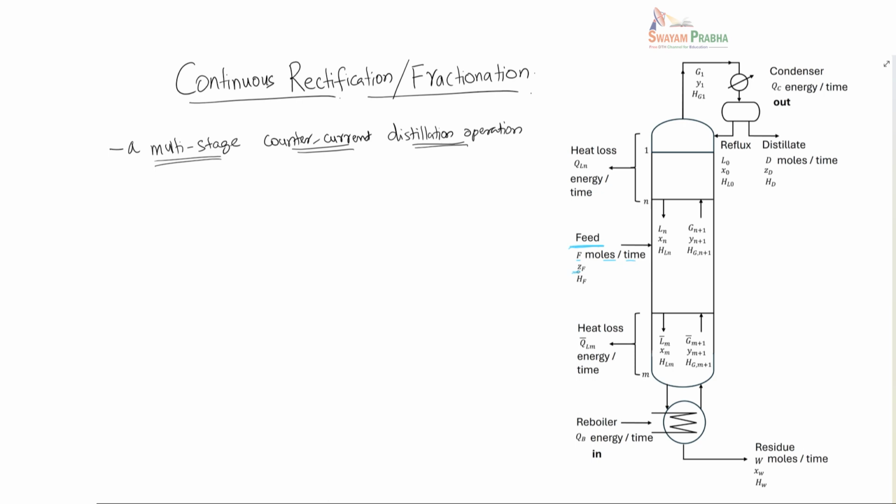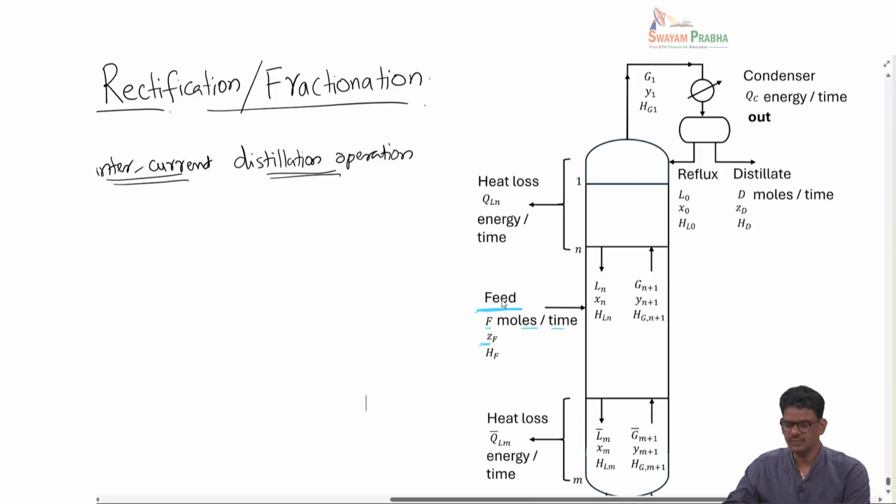Okay, so ZF is based on the more volatile species, which is A here. So feed enters here and F is the molar flow rate, its composition is ZF, and in distillation there is also heat addition and heat removal that constantly happens. So we will associate the enthalpy of this feed as HF. So HF would be the heat content or the enthalpy of the feed.